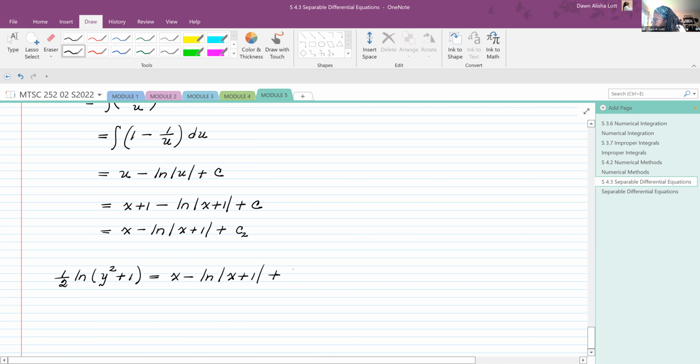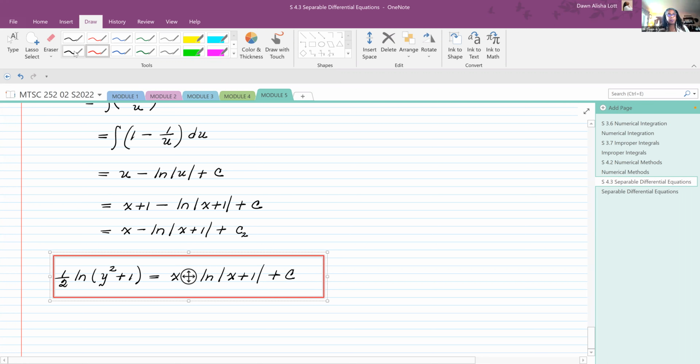Then we put all our constants together as one constant, and so we get a general solution to the problem that looks like that. Any questions?